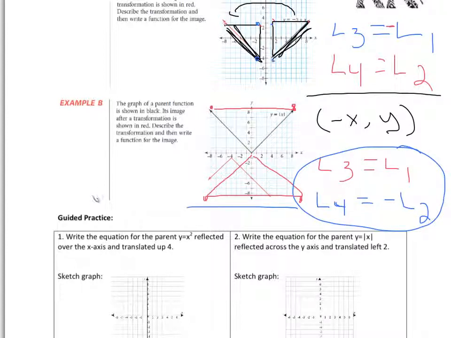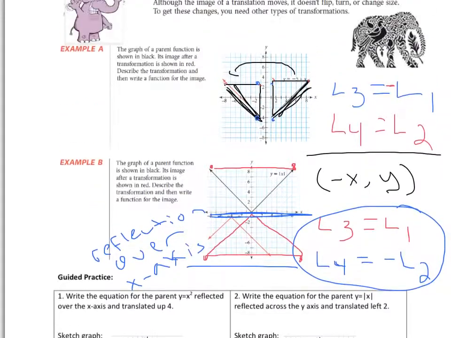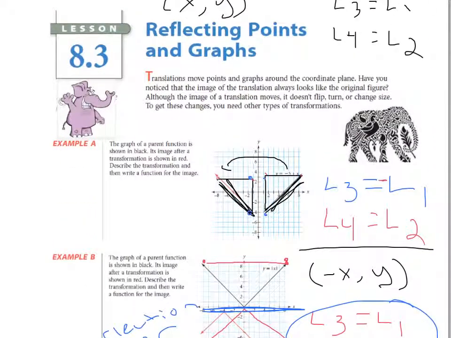This would be a reflection over the x-axis because we flipped it over the x. And up here, since we flipped it over the y, this will be a reflection over the y-axis.